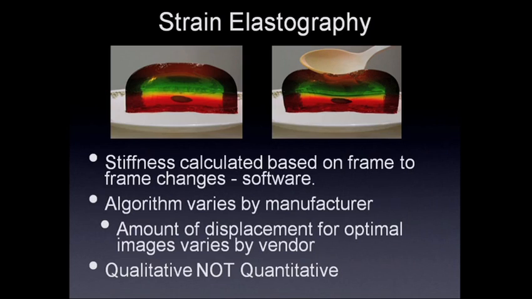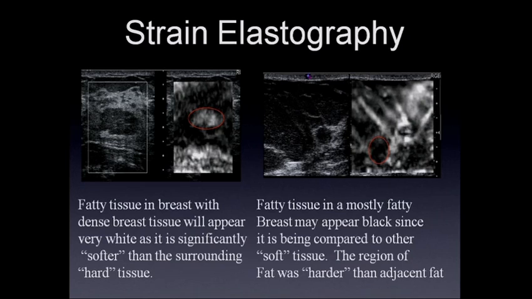So we don't get an absolute value of how stiff it is, but the images are coded either in black and white or in color based on what is the hardest to the softest. This does create a problem in interpretation, because in this case we have a breast image where we've got normal dense breast tissue as well as fat and muscle.